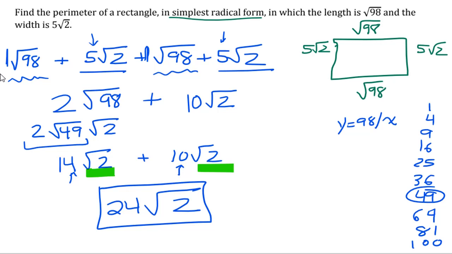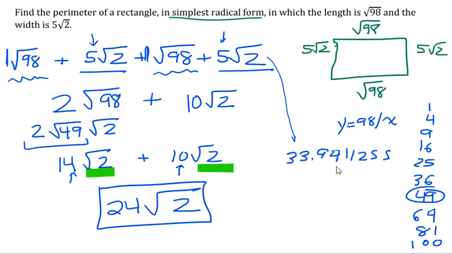So I'm taking a second right now and I'm typing in the square root of 98 plus 5 times the square root of 2 plus radical 98 plus 5 times the square root of 2, and I get a big decimal, and that decimal I'm just going to jot down over here, 33.9411255. Let's see, that's what this equals. Let's see if our answer equals that as well. Because if it does, then I know I did it right. Aha, it does, so I'm good.